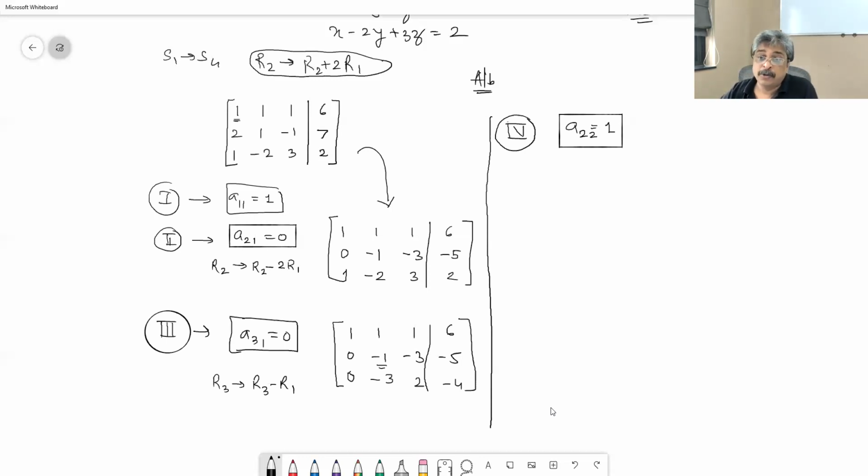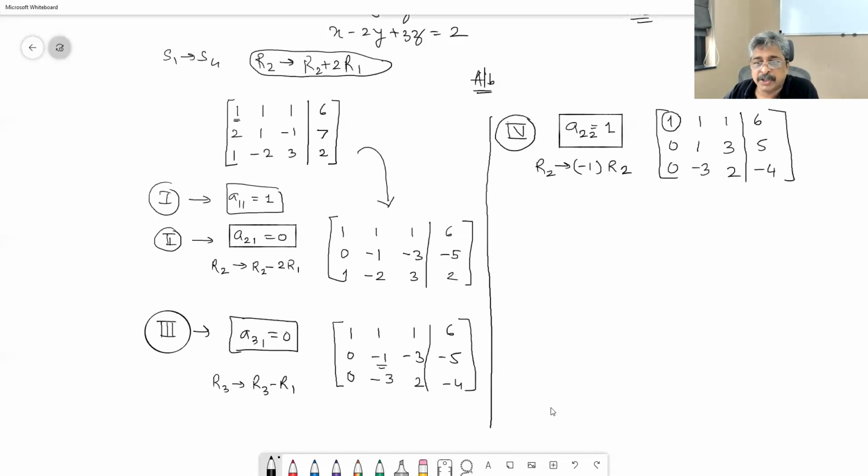Correct? So we get the augmented matrix 1, 1, 1, 6; 0, 1, 3, 5; 0, minus 3, 2, minus 4. What have we done? The transformation R2 is minus 1 times R2. So we have achieved this.